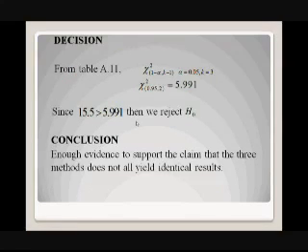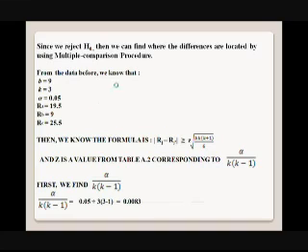After we finish the test, it shows that we reject H0. There is enough evidence to support the claim that the three methods do not all yield identical results. Since we reject H0, we can find where the differences are located by using the multiple comparison procedure.